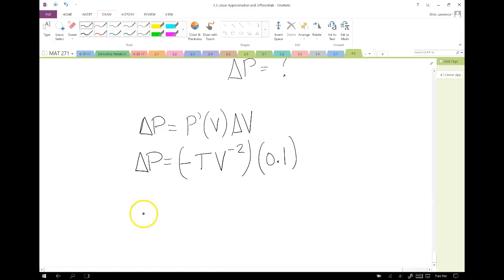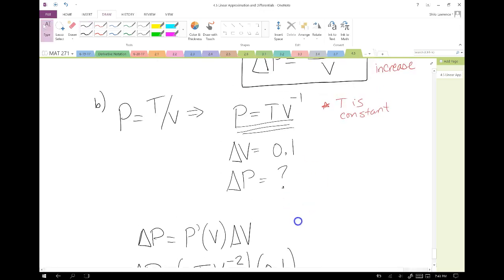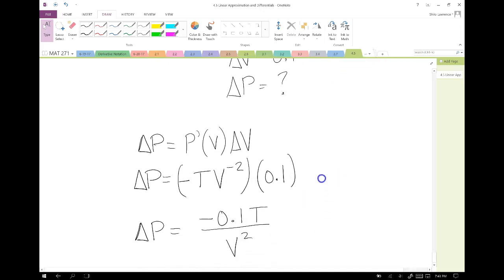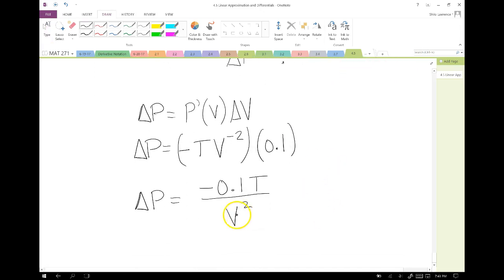And if I rewrite this just a little bit, delta P equals negative 0.1 T over V squared. So temperature is being held constant. So the temperature here is exactly the same as the temperature at the beginning. That denominator is going to be positive because anytime you square something, it always ends up as a positive. So this is our delta P.